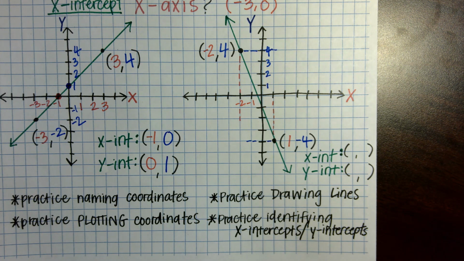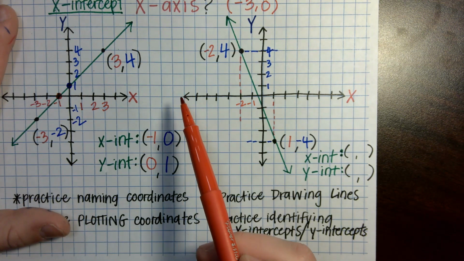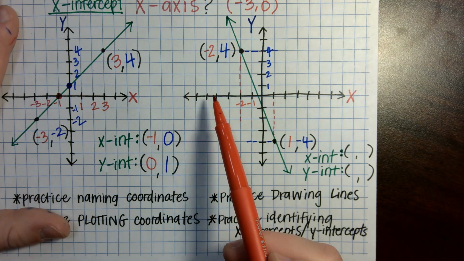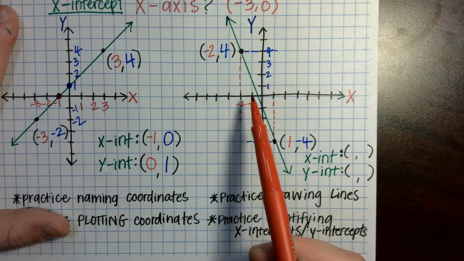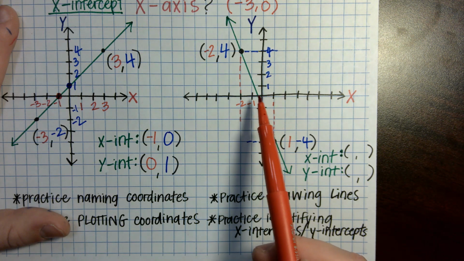Okay, so where is this line touching the x-axis? Remember, we're going to start left to right, trace our finger along the x-axis, and where does it touch? Like close to -1. Yeah, right about here.